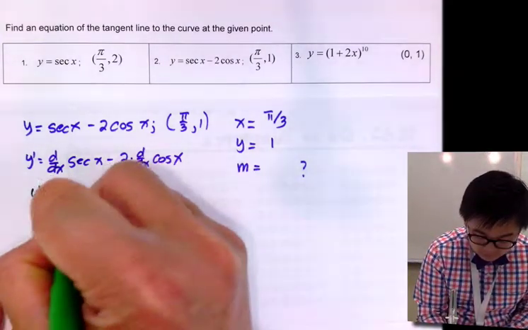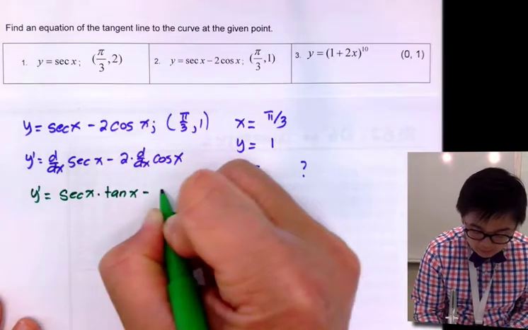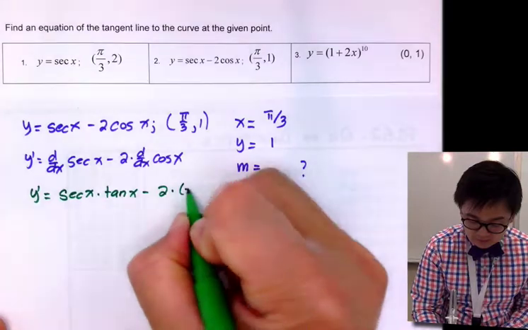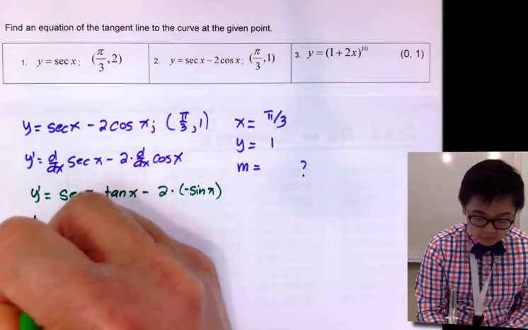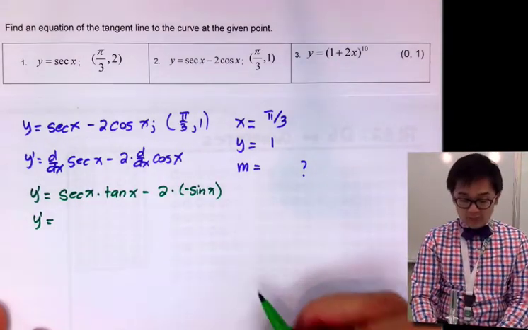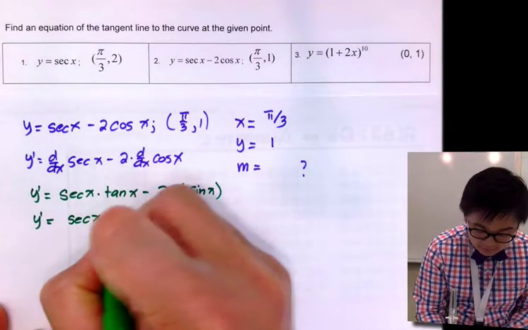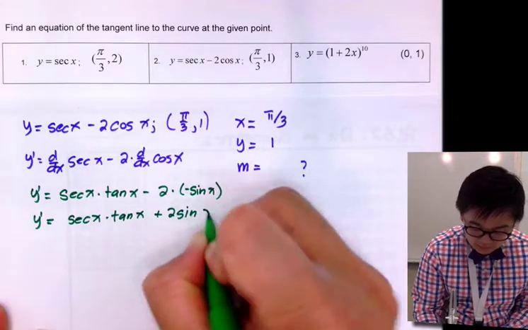So this is secant x times tangent x minus 2 times the derivative of cosine x, which is negative sine x. You need to know your rules very well to be able to differentiate trig functions. By simplifying, we have secant x times tangent x plus 2 sine x.